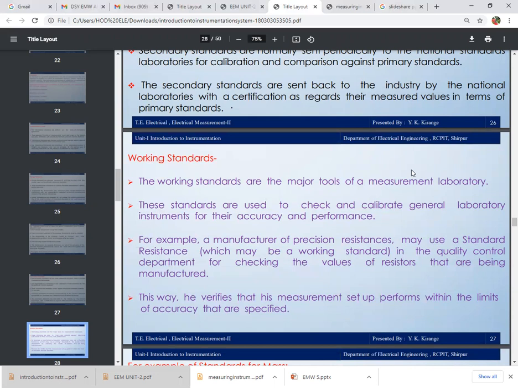That means the person who actually measures the resistance value checks it by comparison. So for that purpose we use the working standards, and these are used to check and calibrate general laboratory instruments for their accuracy and performance.